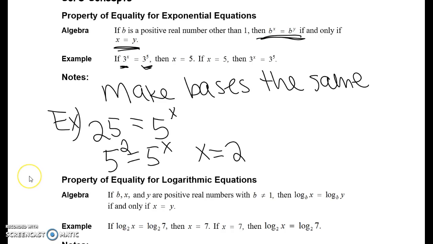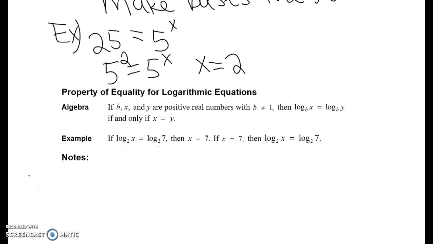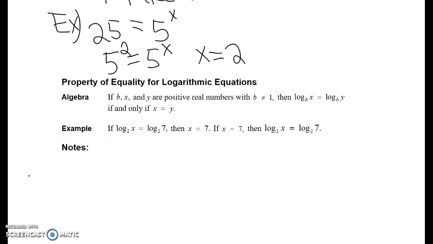Now if I want to go to the next property, the property of equality for logs, the note here, you'll see if I have log base b of x equals log base b of y, if and only if x equals y.